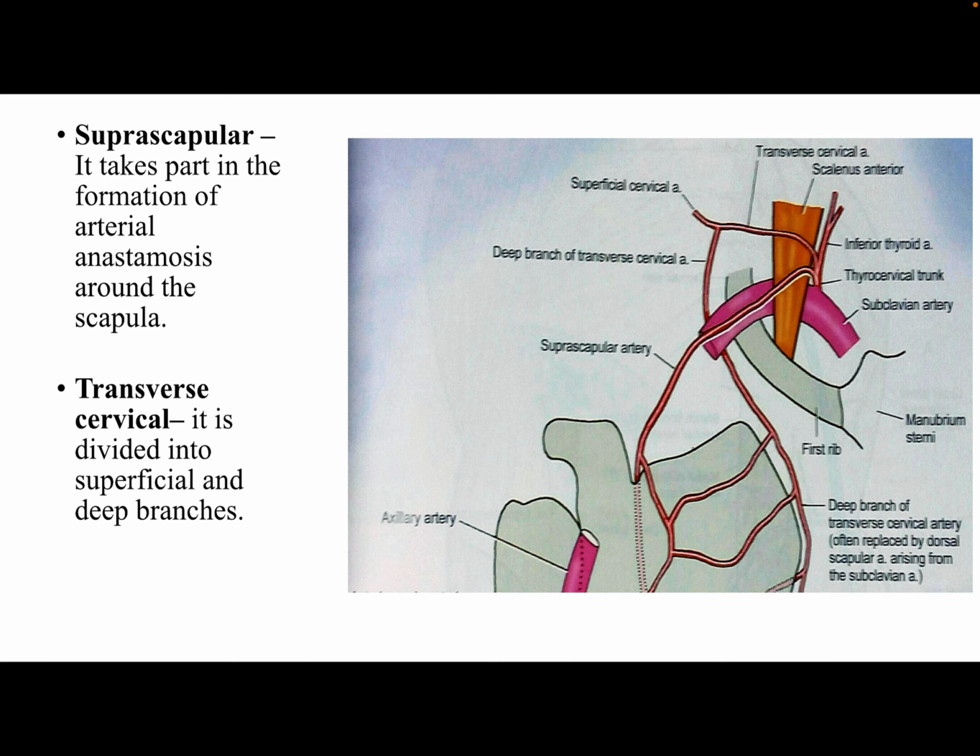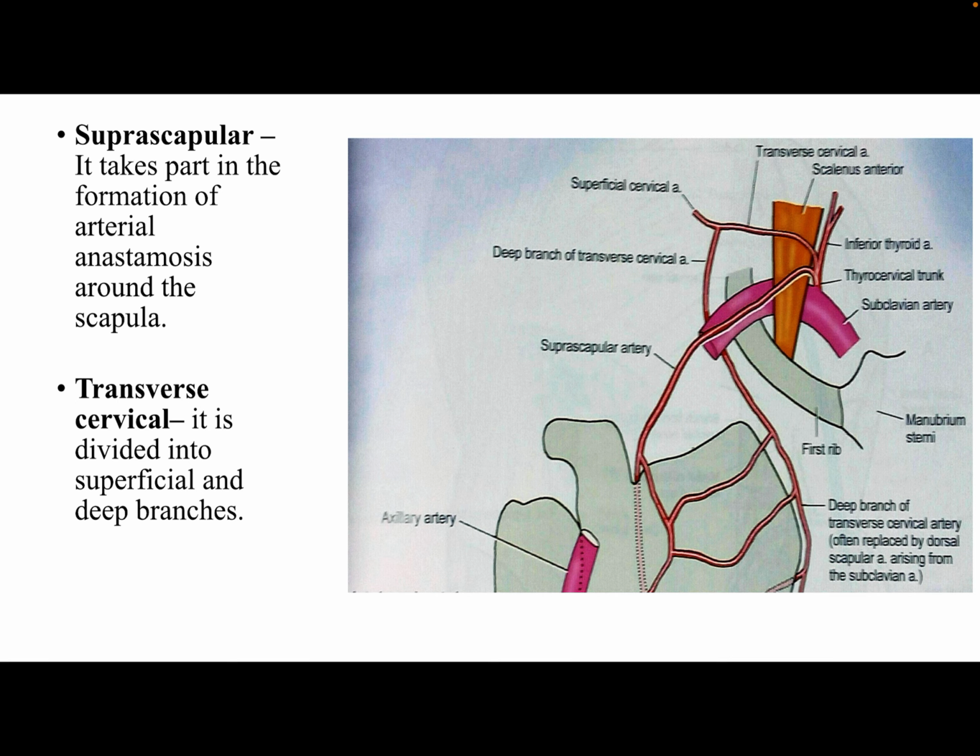The suprascapular artery and the nerve leave the posterior triangle along the inferior belly of omohyoid and reach the superior border of the scapula. It passes above the transverse scapular ligament to enter the supraspinous fossa to take part in the arterial anastomosis around the scapula.